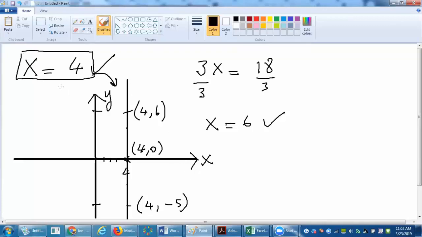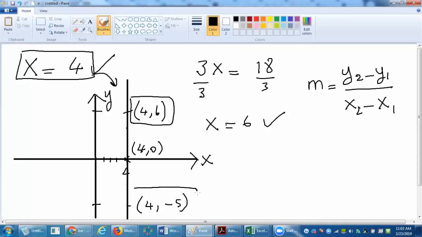Now what is the slope of a vertical line? We can use the slope formula, which is m equals y sub 2 minus y sub 1 over x sub 2 minus x sub 1. What do I mean by that? We can take any 2 points on the vertical line and call the first one (x sub 1, y sub 1), and this one (x sub 2, y sub 2).